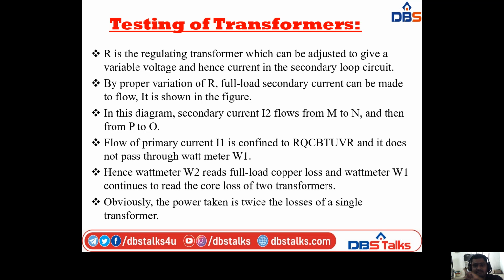Hence wattmeter W2 reads the full load copper loss, and wattmeter W1 continues to read the core loss of the two transformers. So obviously the power taken is twice the losses of a single transformer.